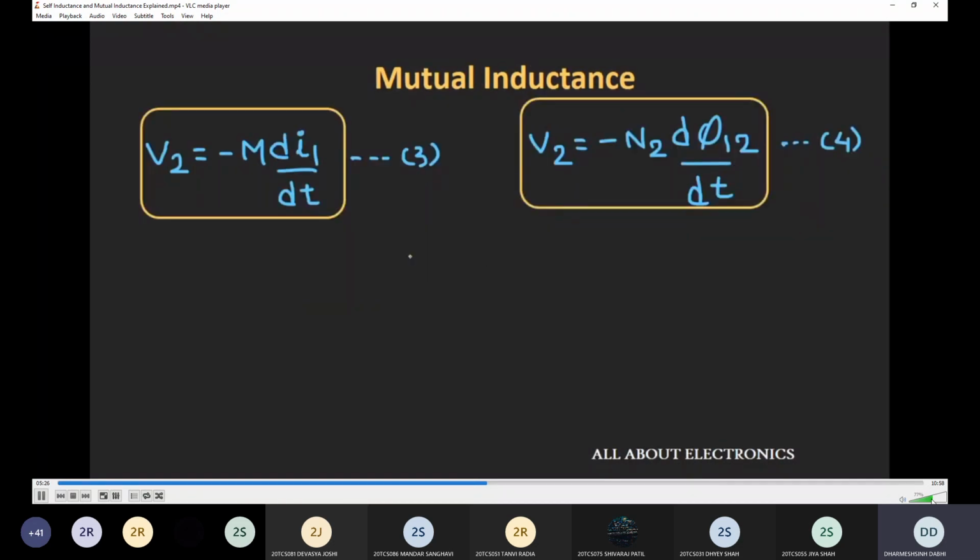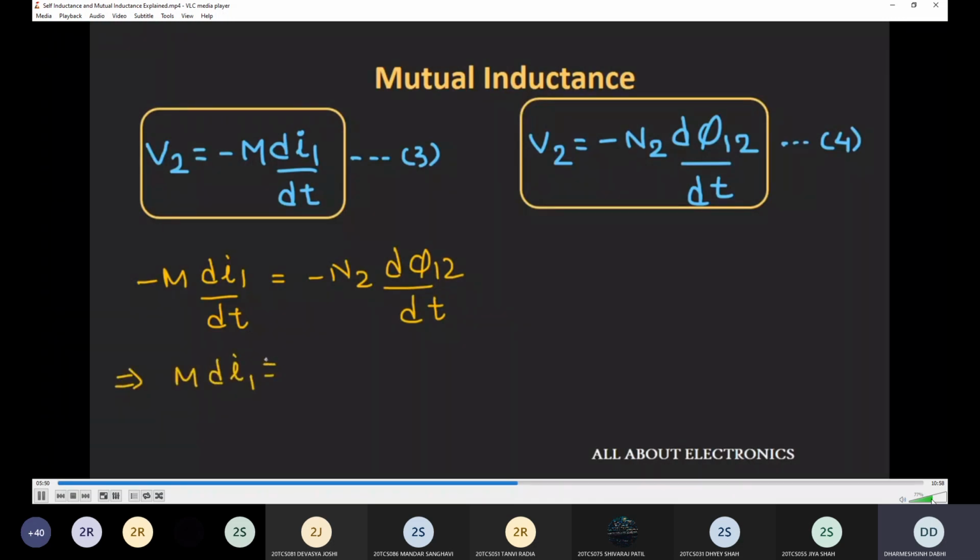So now here we have got two equations, 3 and 4. Now let's find the value of this mutual inductance in terms of magnetic flux. So we can write minus M di1 by dt is equal to minus N2 dφ12 divided by dt, or we can write M into di1 is equal to N2 into dφ12.